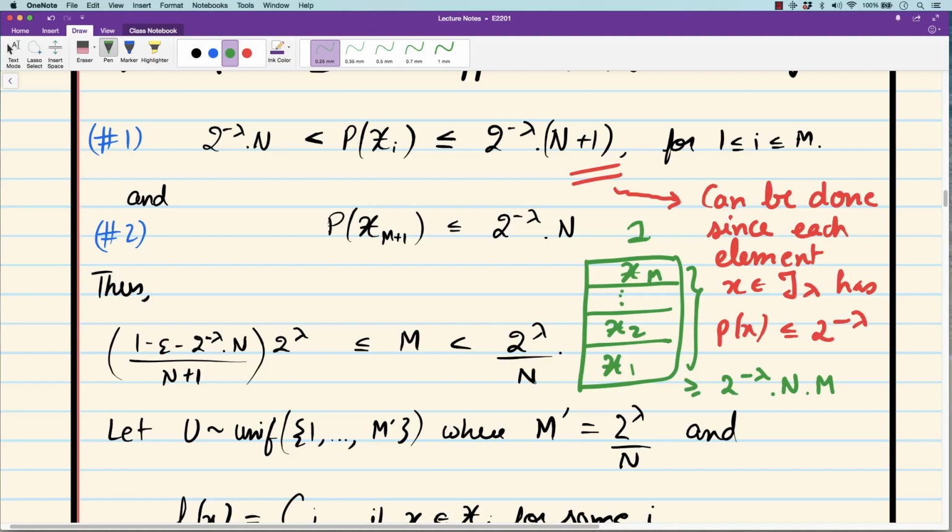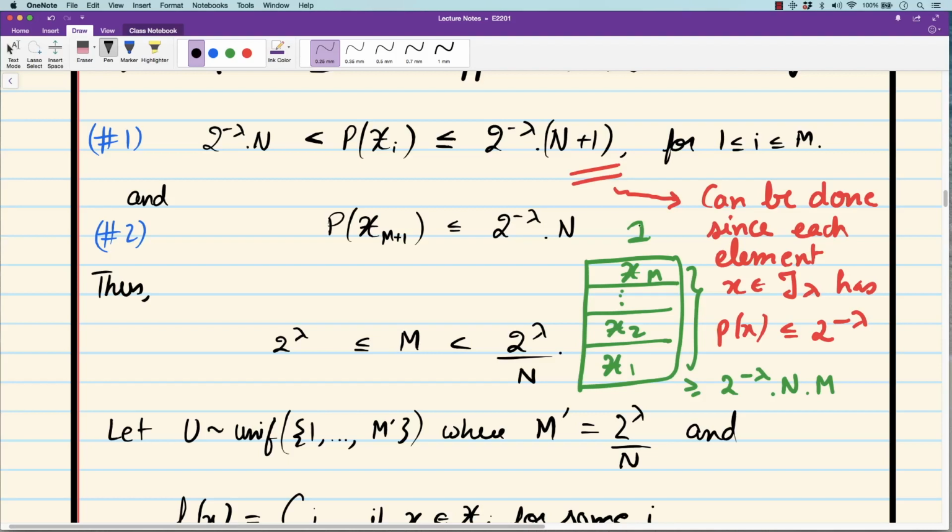But on the other hand, since each of them has probability at most this much, how many parts can we collect? What is the largest number of parts we can collect? We'll collect as many parts as needed to fill up the probability of T lambda, because these parts are all inside T lambda, and each has probability greater than or equal to this. So how many such parts can we collect?